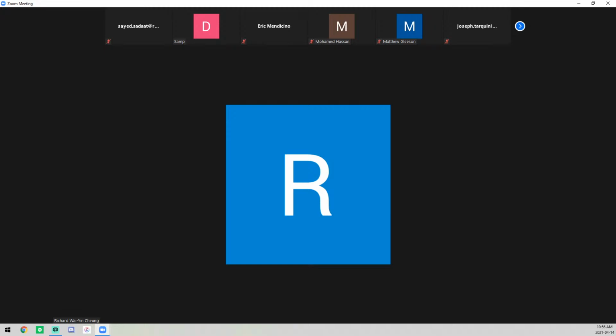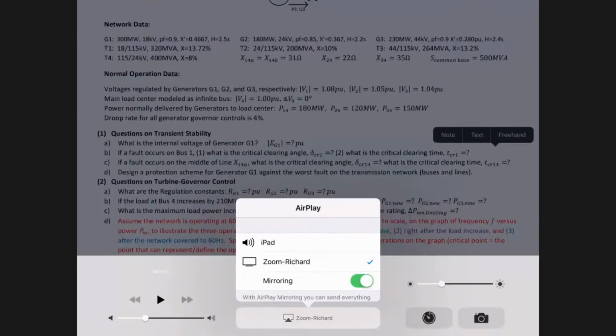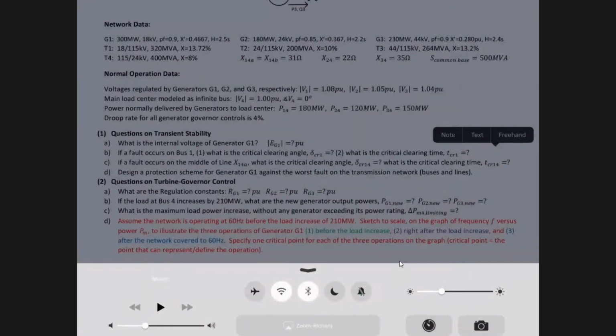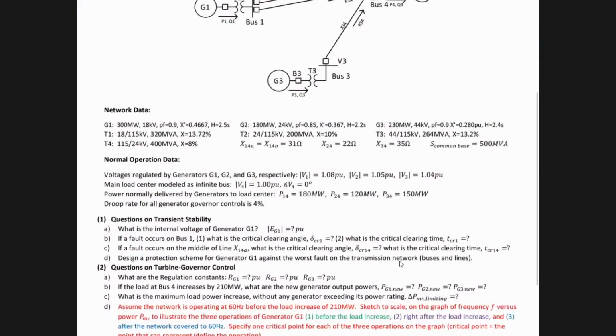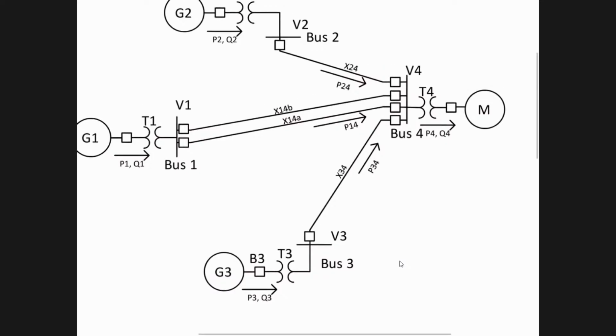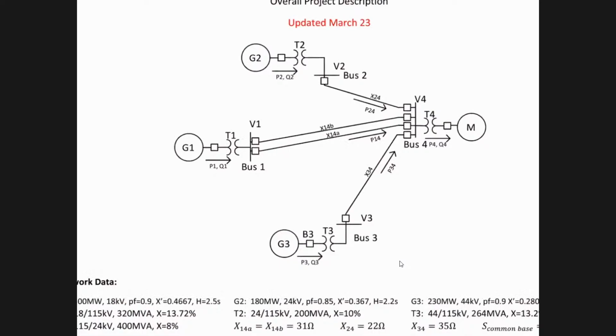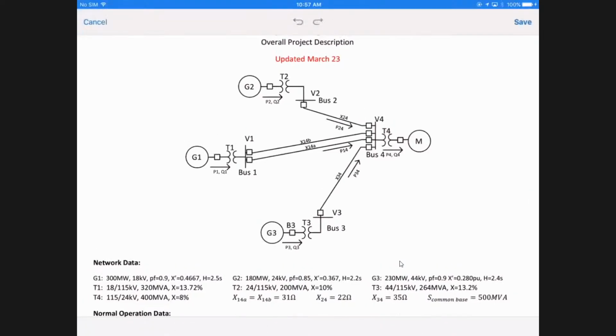let me share the screen. If the fault is in the middle, so what is your question?